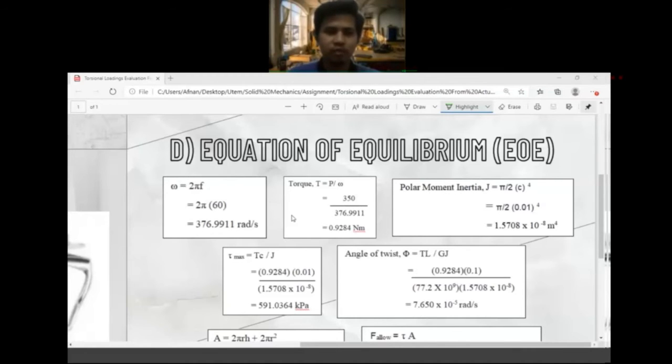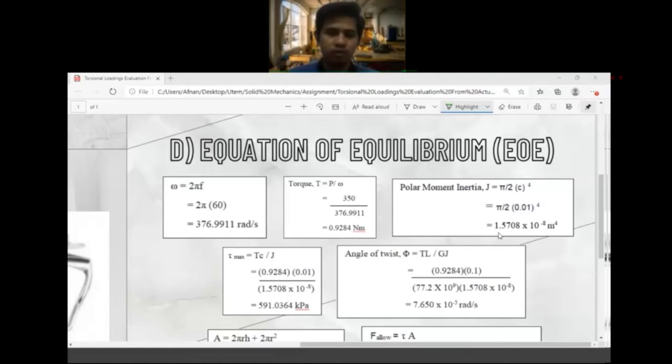Then we need to find the torque by using the formula P over omega, which is power divided by omega, and the value is 0.928 Newton meter. After that, we can get the polar moment, which is J, by using the formula pi over 2 times c to the power of 4. And then we get the value of J, which is 1.5708 times 10 to the power of negative 8.